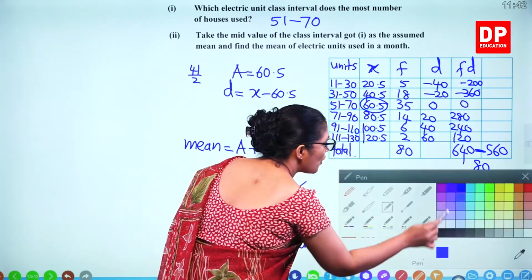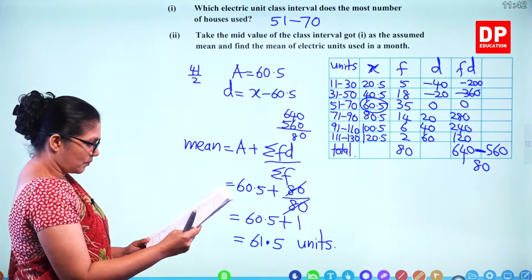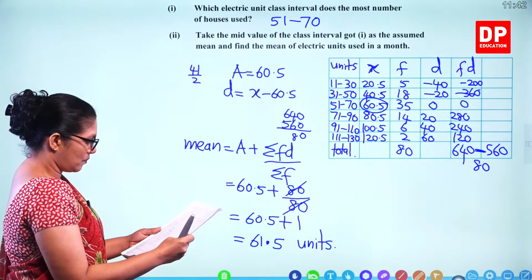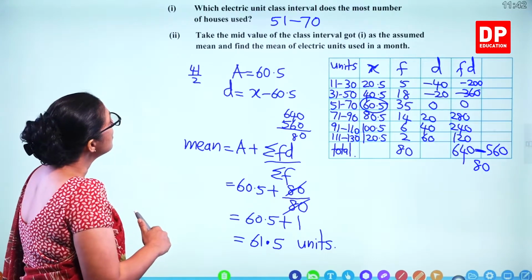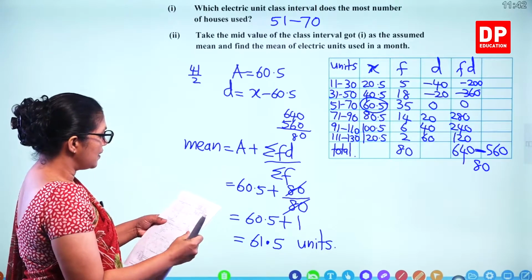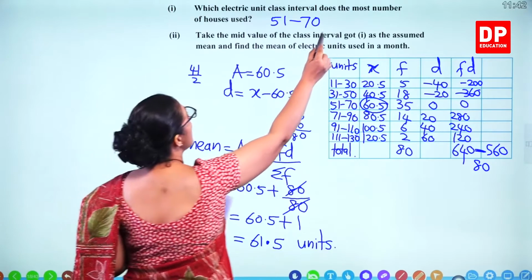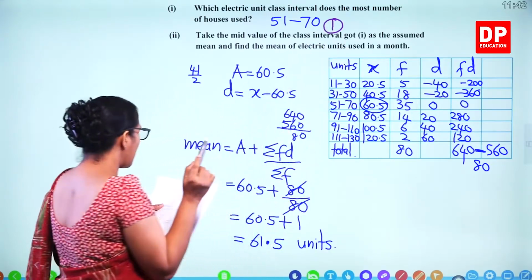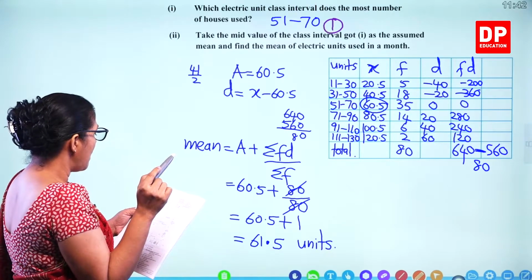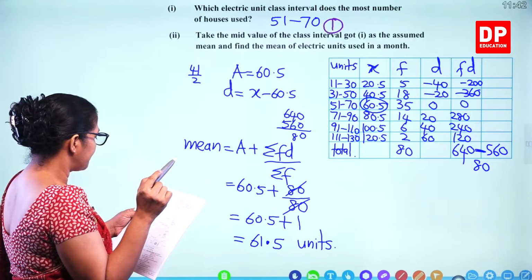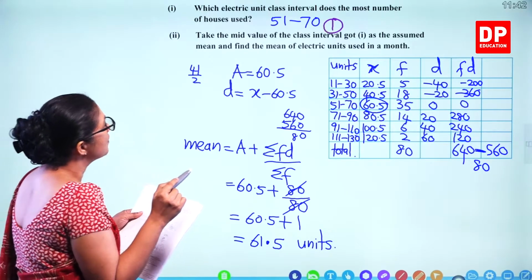So how many marks for that? Now we'll see how many marks for this. So you get 1 mark for writing down the modal class. And we'll give 7 marks for this.